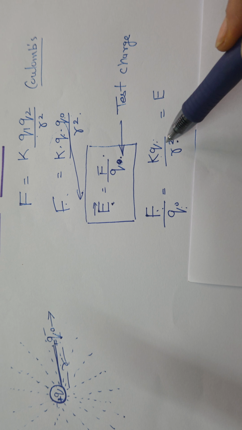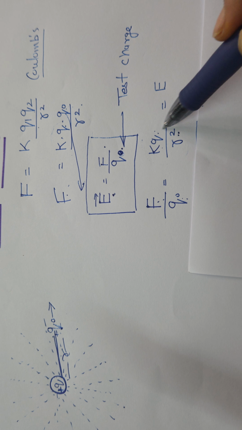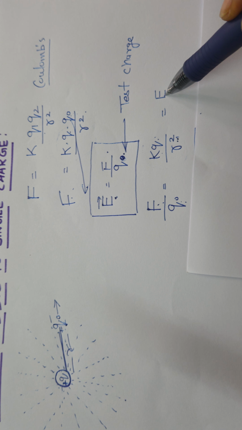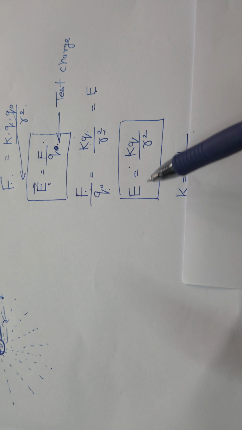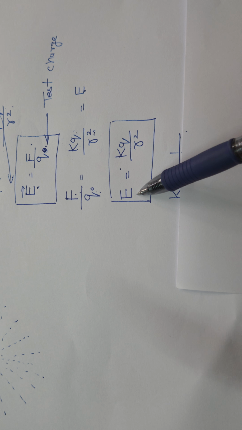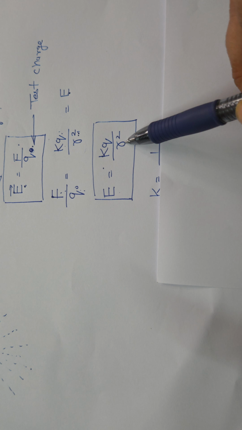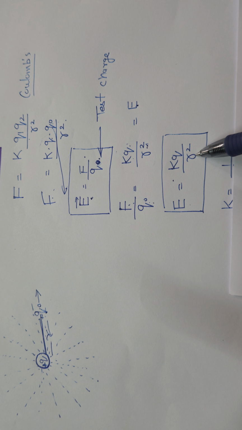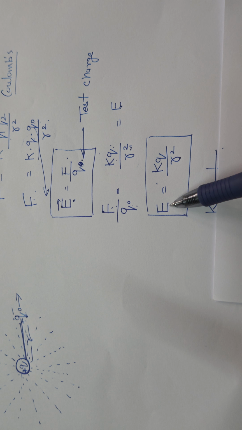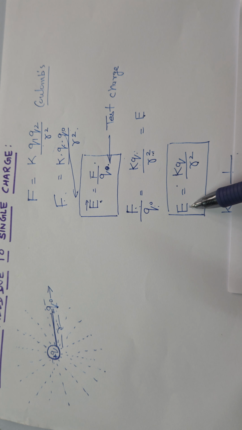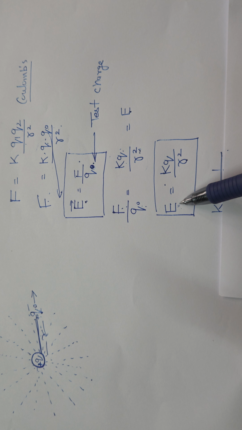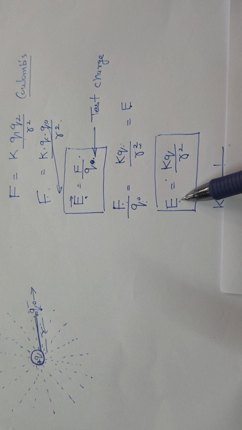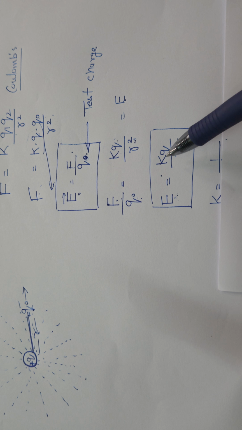F by q naught is k q by r square, and this is nothing but electric field intensity by definition. So the electric field intensity is k q by r square. In subsequent parts of the chapter, instead of calling it electric field intensity, we will just call it electric field. Fine, so this is the formula.